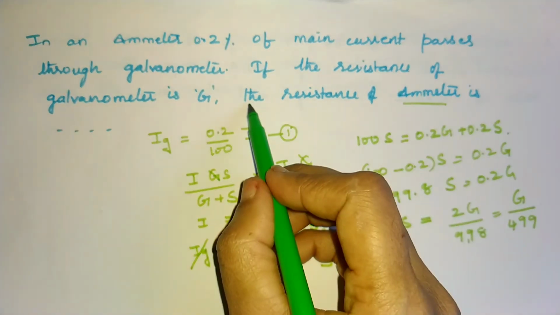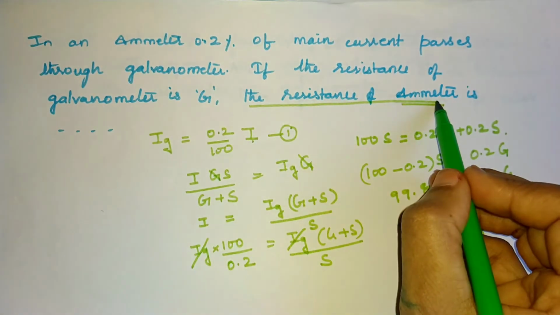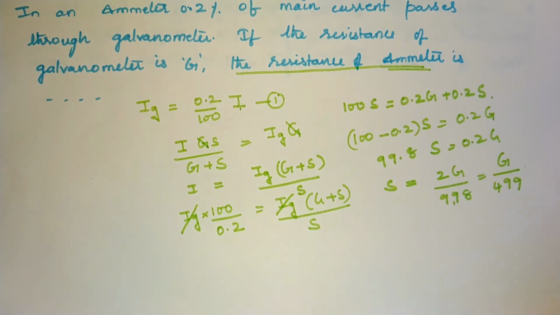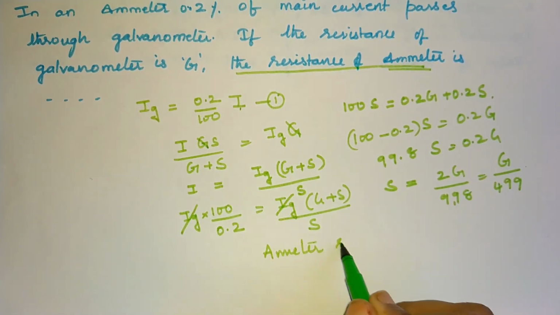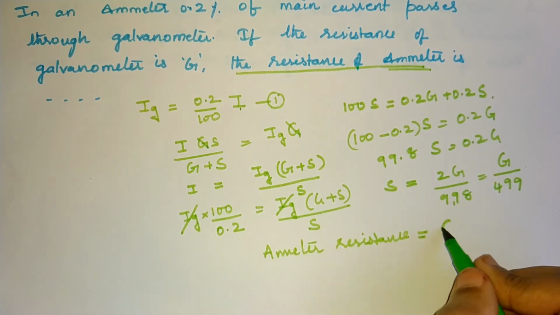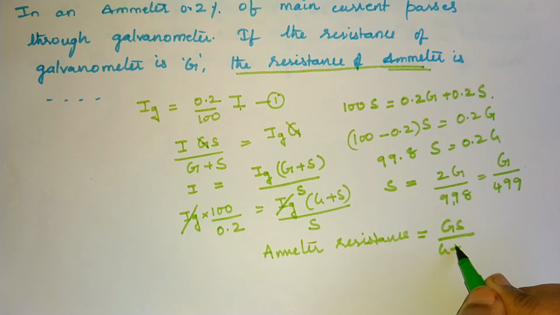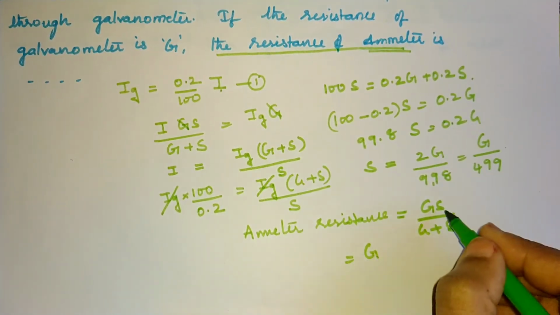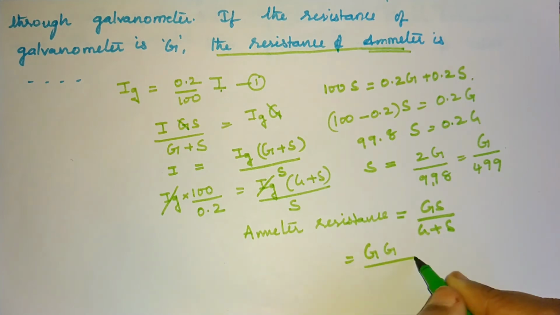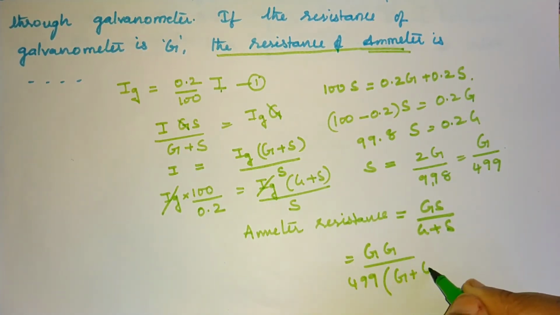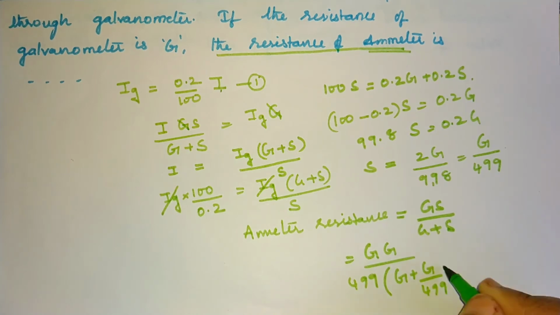But be careful, they are asking you to find the resistance of the ammeter. The ammeter is a combination of G and S in parallel. So what should be your ammeter resistance? Ammeter resistance should be G into S by G plus S. G I will keep as it is. Shunt we have got G by 499, so G into G by 499 divided by G plus G by 499.